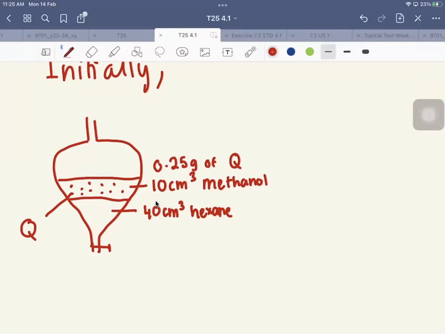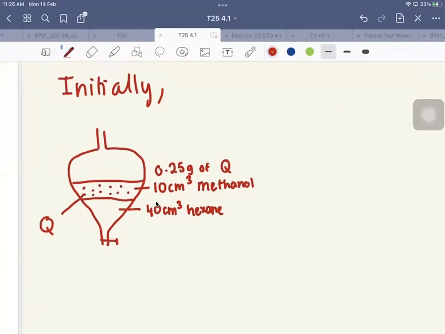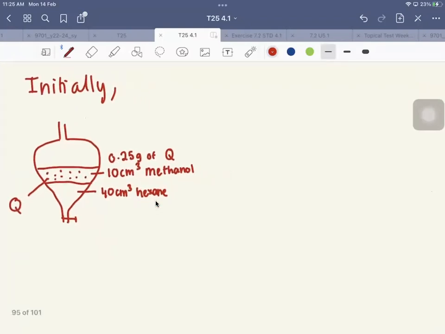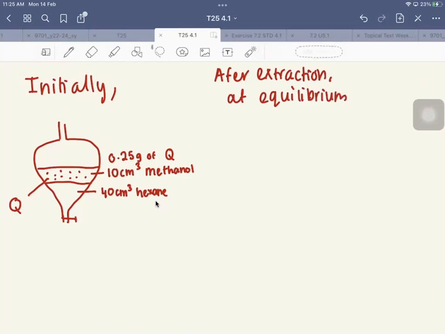And then after this process called extraction, after shaking or after mixing at equilibrium, here's what happens. I am going to copy this whole thing.